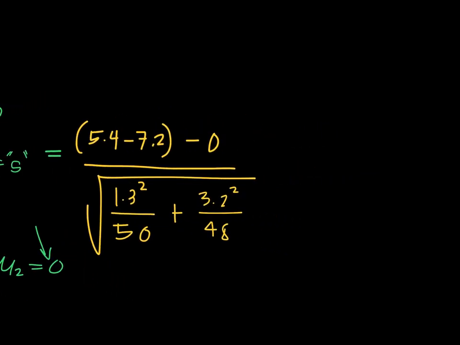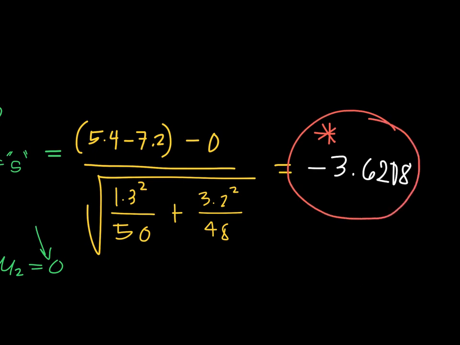And we're almost done. Use your calculator to find the exact value. Okay, so the value that I obtained is negative 3.6208. So for now, you have to keep this value. So note this value. We will go back to this number when we set up our step number 4.